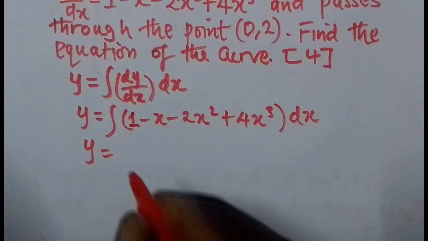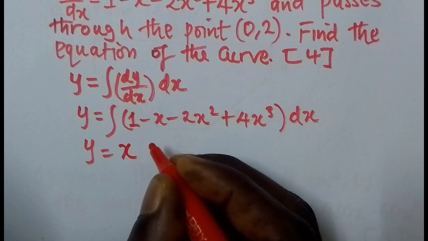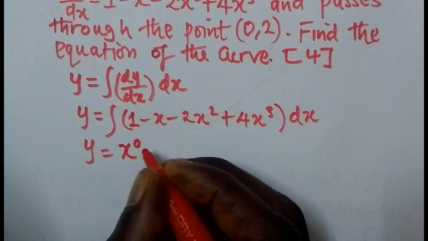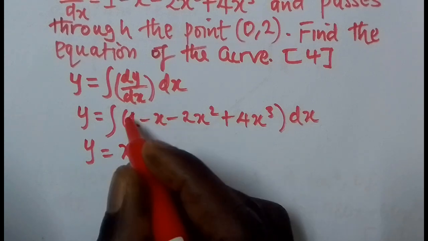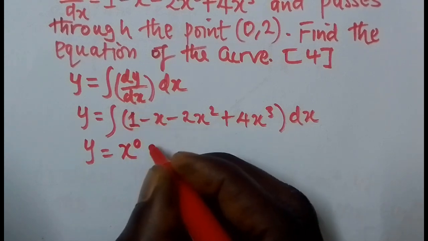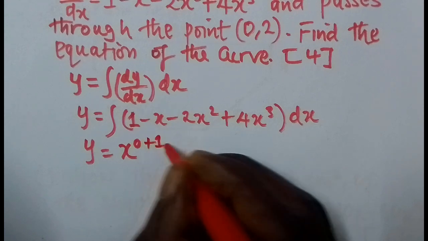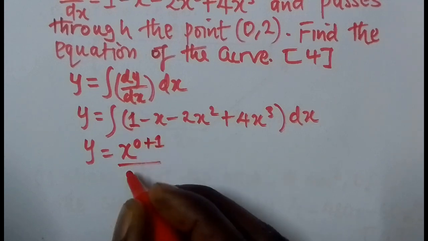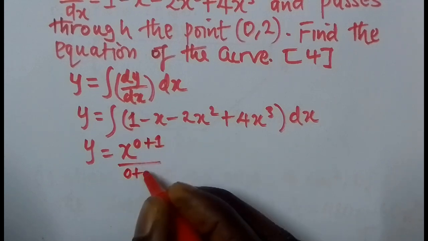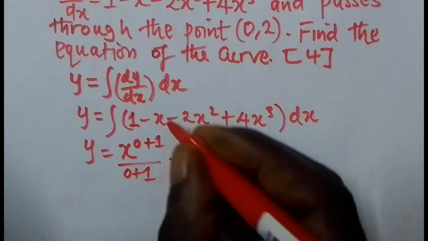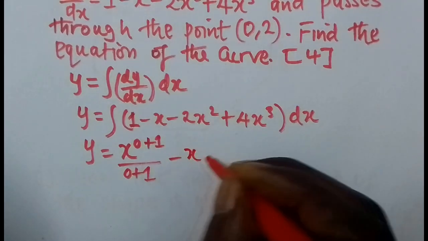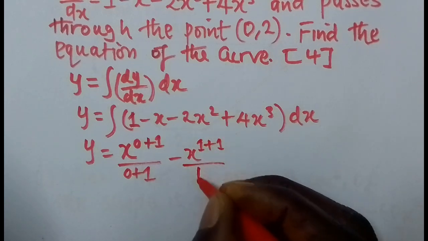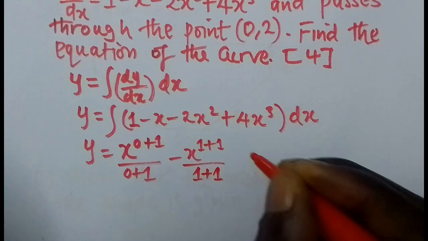The x here is going to have power 0, because x to the power 0 is 1, and when you multiply 1 times 1, it will still give us the 1 that is there. And so we introduce plus 1 and also divide by the new index that we get, which is 0 plus 1. Then minus x, here there is power 1, so this is 1 plus 1, and divide by 1 plus 1.